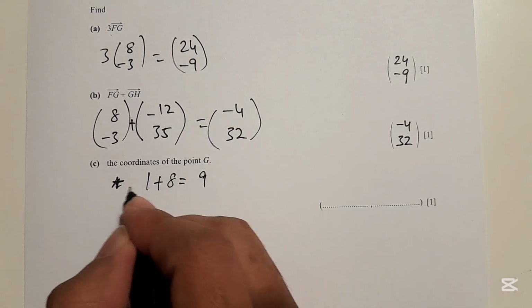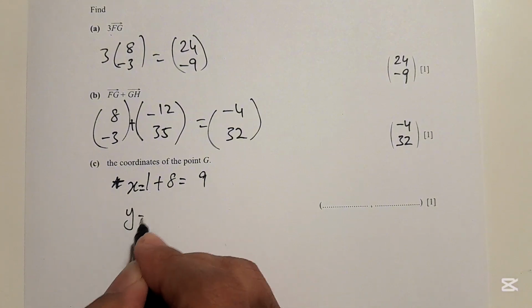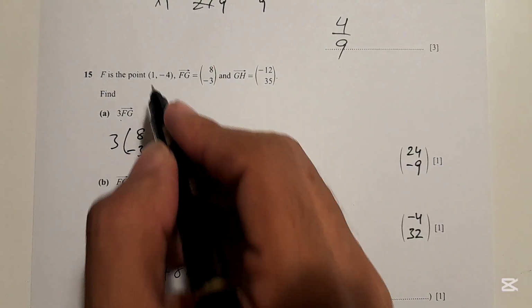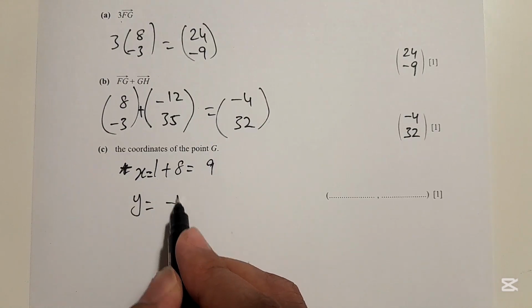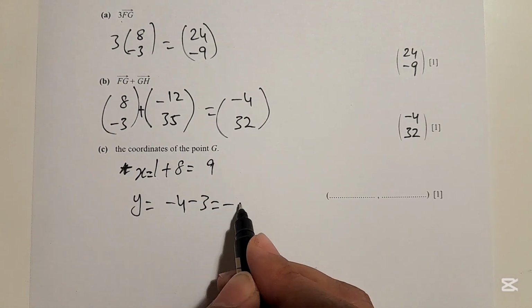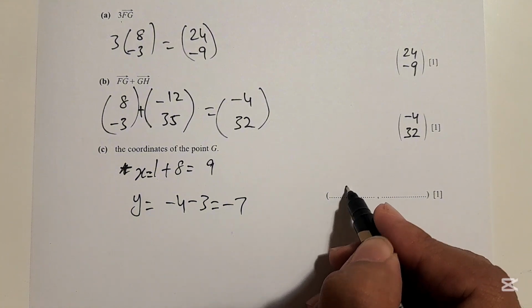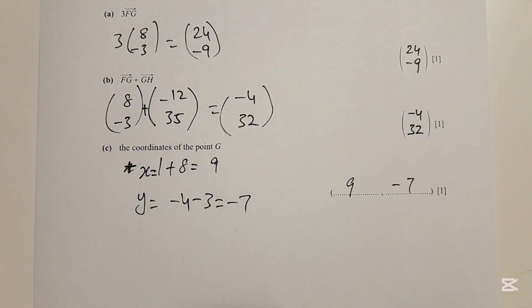So the x is 9, and for y it moved by -3 and originally it was -4. So -4 minus 3 will be -7. So the value of G is (9, -7). So this is how we'll be doing part C of question 15.